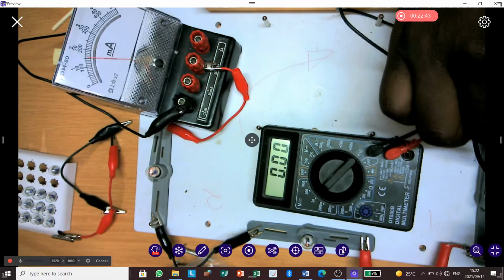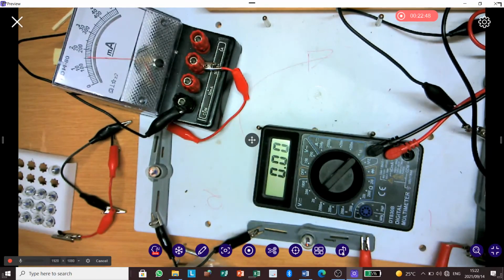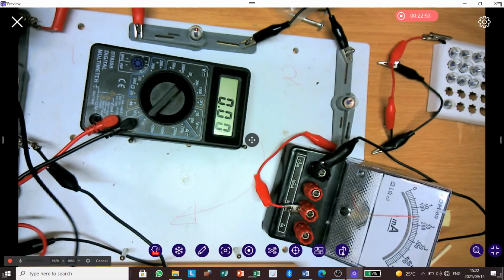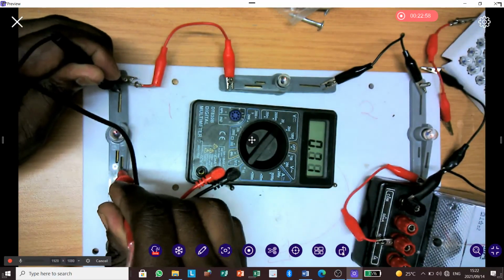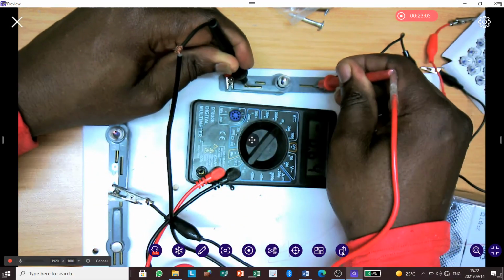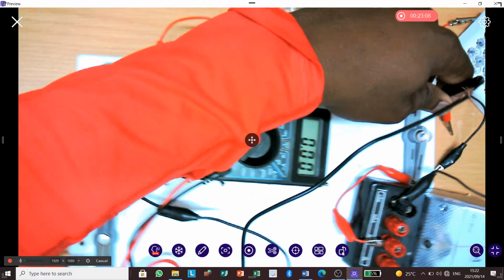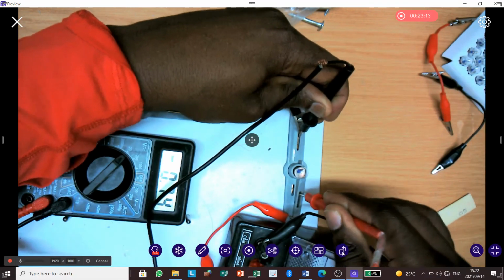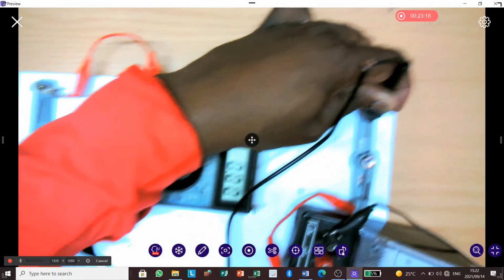For the first one, it was 0,73. For the second one, 0,66. For the third one, 0,75. We can see it there.